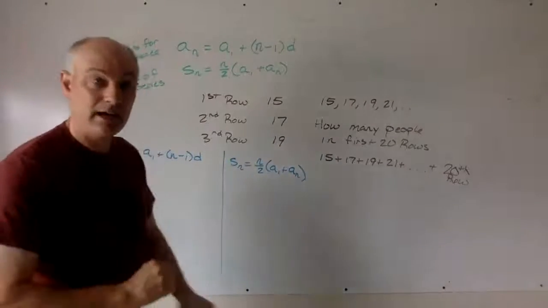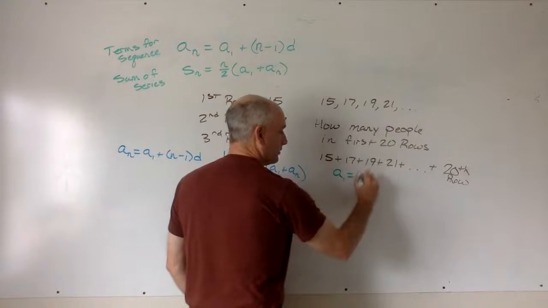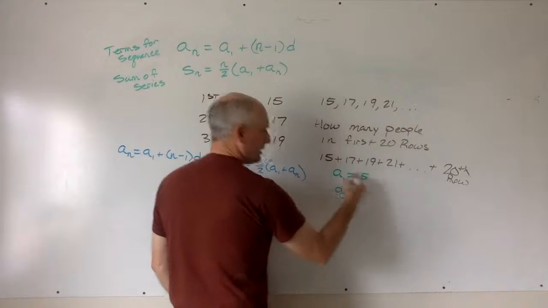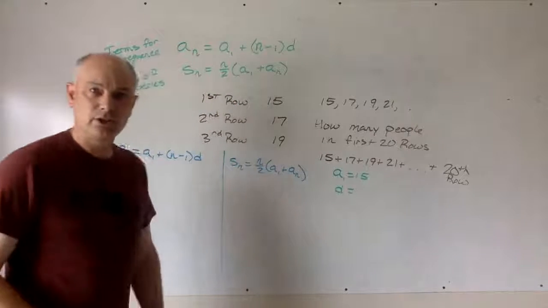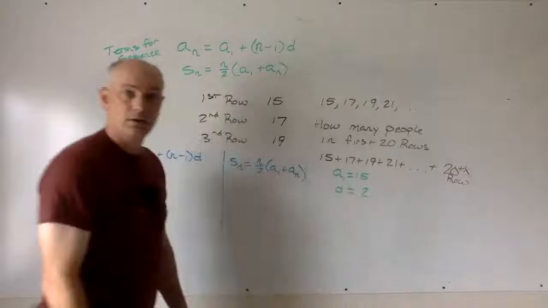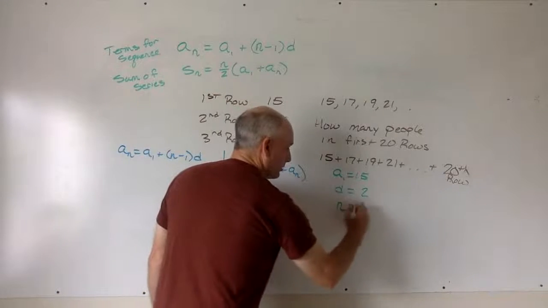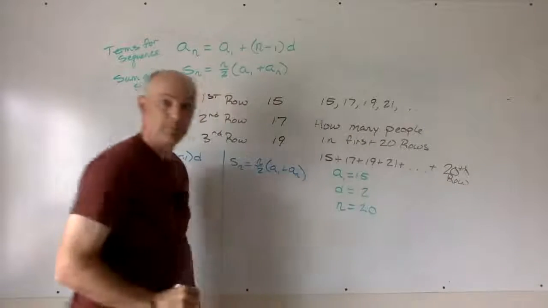Let's identify what we have. Looks like we've got a sub 1, which is 15. Looks like we could identify d. Since we have 2 additional seats in every row, d is 2. We need 20 rows. So n has to be 20.